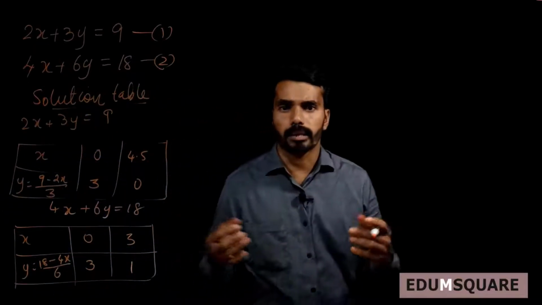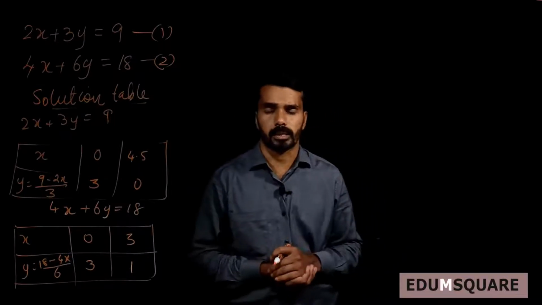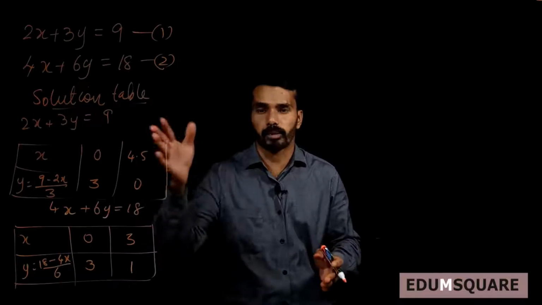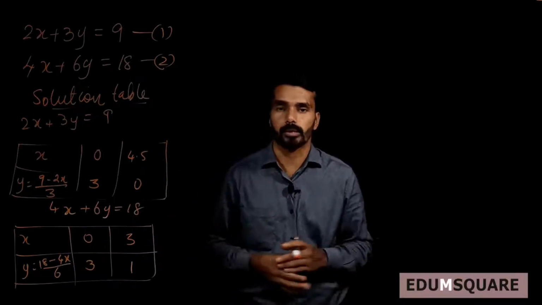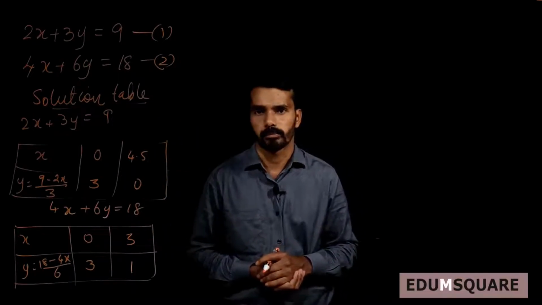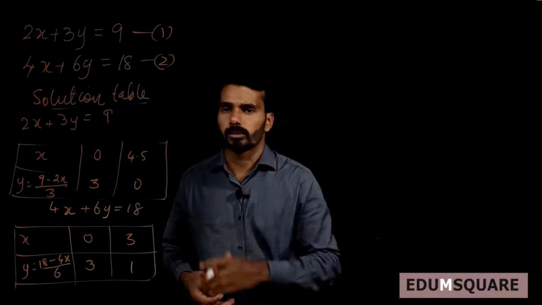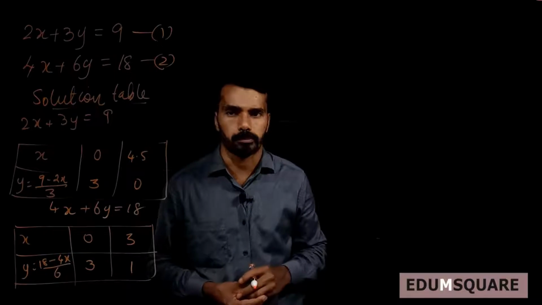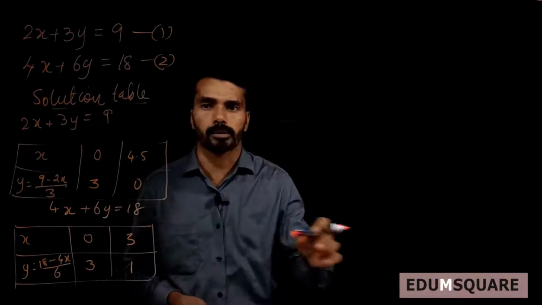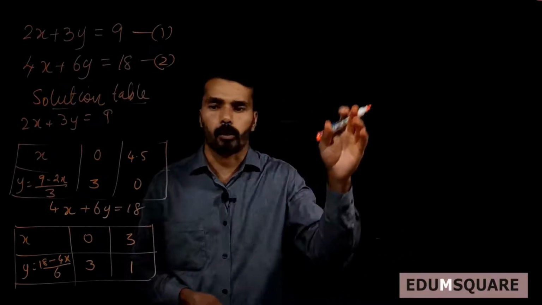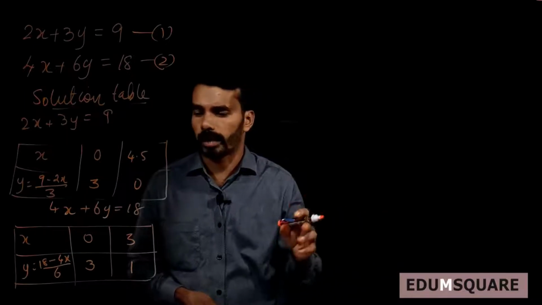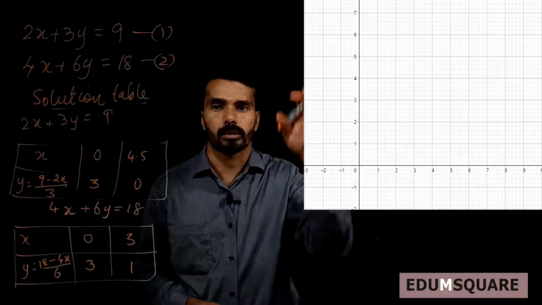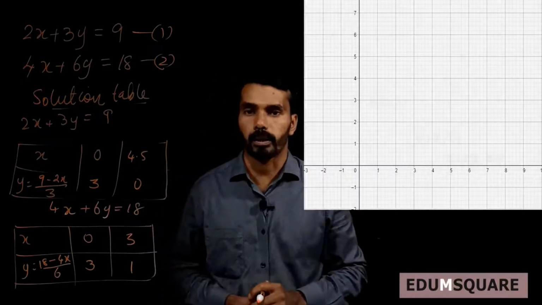So to find the geometric representation, we have to draw the graph of these 2 linear equations in 2 variables. So first we have to plot these points on a graph paper. So let's plot the points 0, 3, 4.5, 0 and 0, 3, 3, 1 on a graph paper. So this is the graph paper.